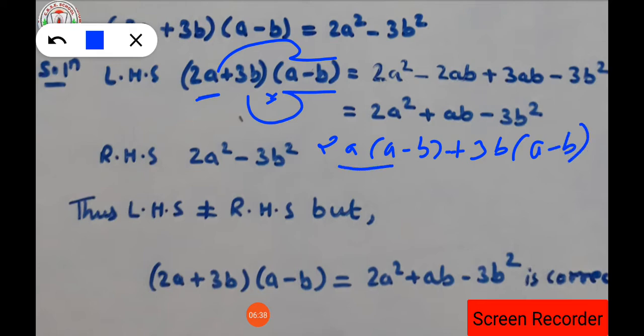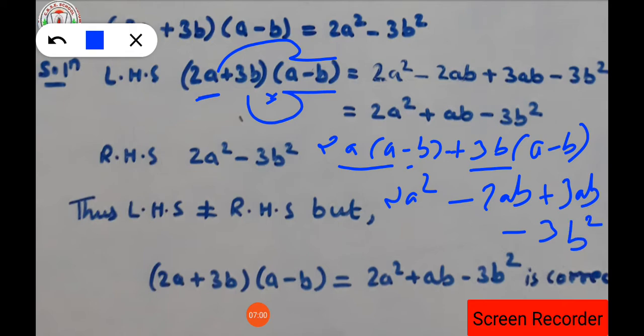So when 2 multiplies with a, it will be 2a², then minus sign, 2a multiplied with b will give 2ab, then plus 3b multiplied with a gives 3ab, then minus 3b multiplied with b gives minus 3b², isn't it?